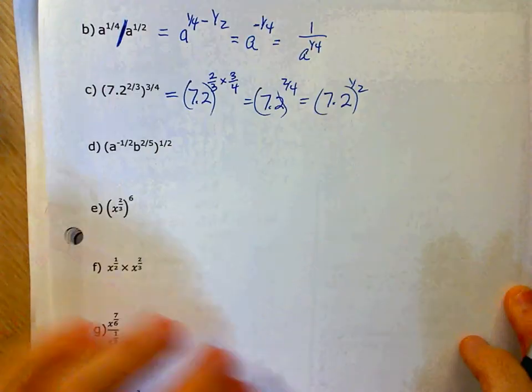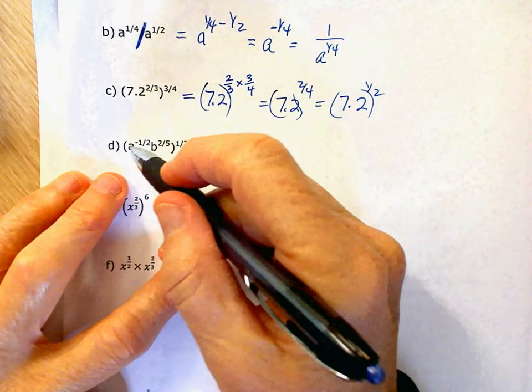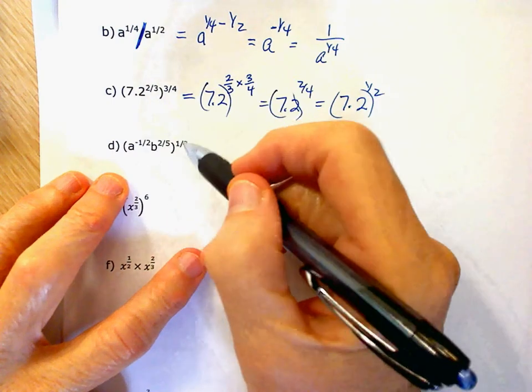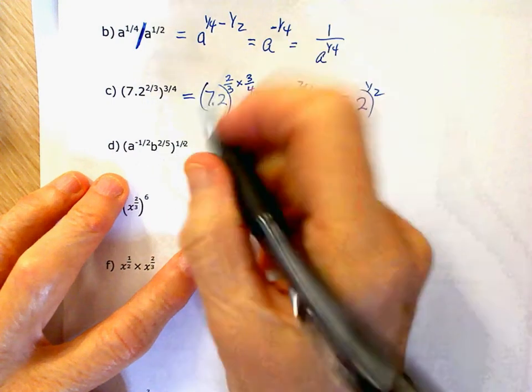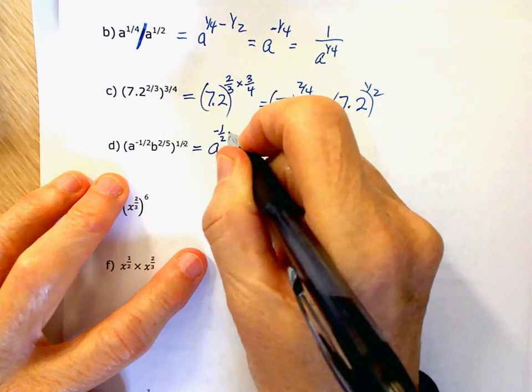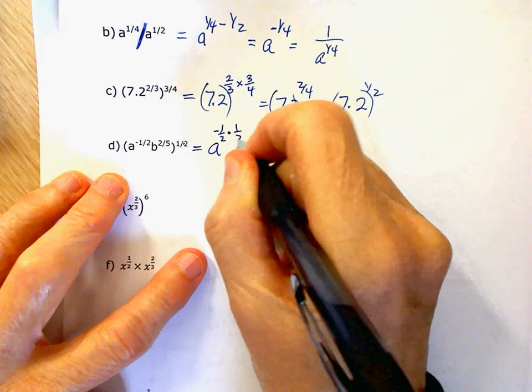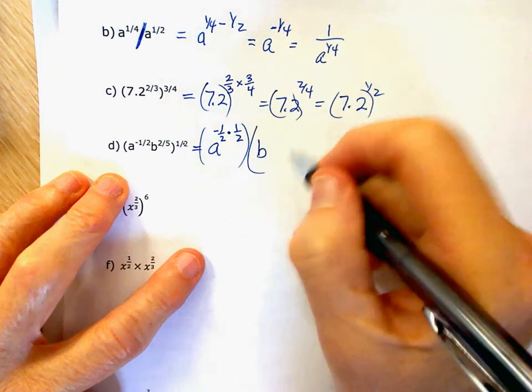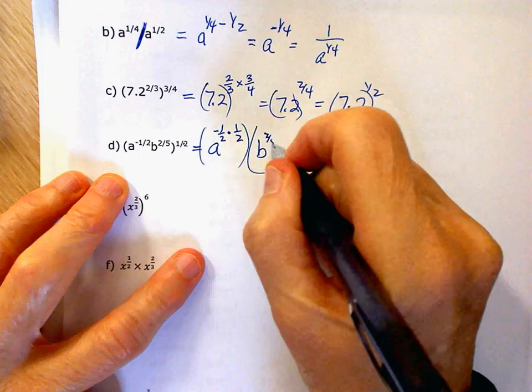Remember when we have the power of a product rule, the half applies to this one and to this one. So we have a to the negative 1/2 times 1/2 and b to the 2/5 times 1/2, right?